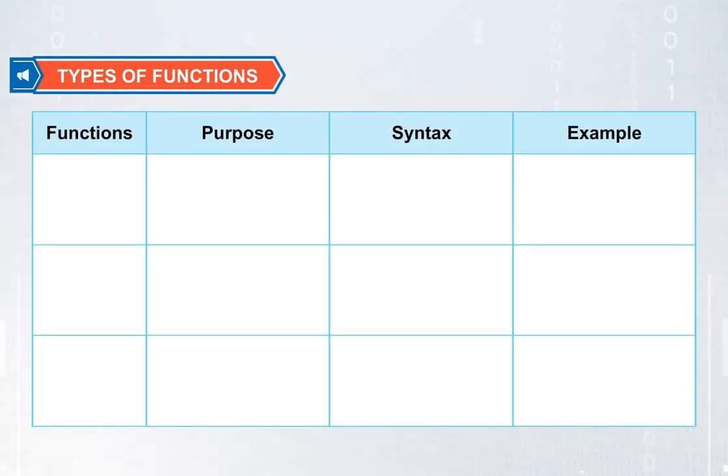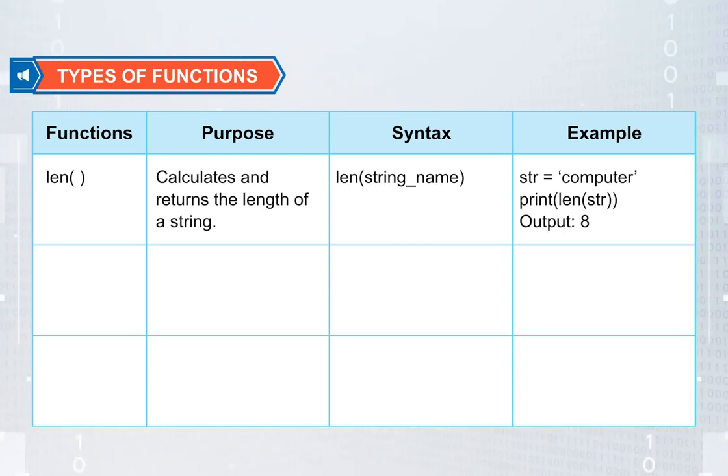Purpose, syntax, example. Len calculates and returns the length of a string. len(string_name). str equals computer, print len(str), output 8.